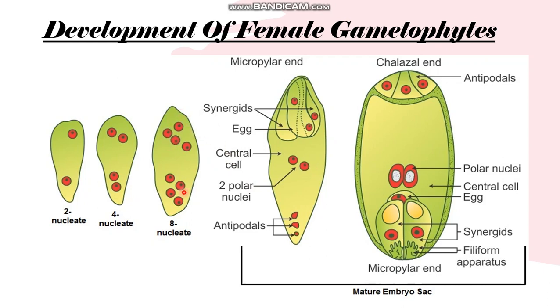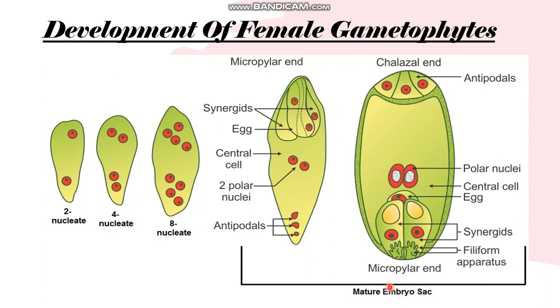Now around these nuclei, the cell wall is laid down. That results in the formation of 3 cells on each pole, and the 2 nuclei present in the center also have a common cell wall formed around them.